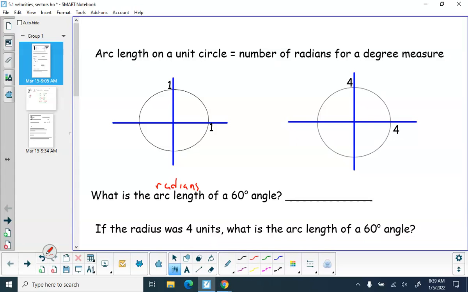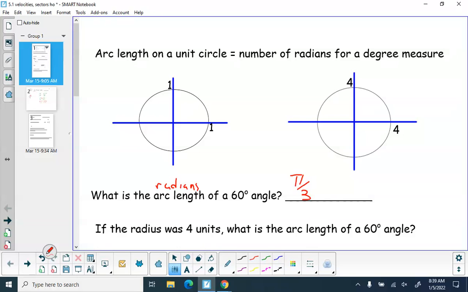So if we take a look on a unit circle, the arc length or your number of radians of 60 degrees, what's your number of radians in terms of pi? Grand Shannon, what do we have? What's your number of radians? Pi over 3. Okay, so the arc length, which is your number of radians, is pi over 3. They are the same thing.